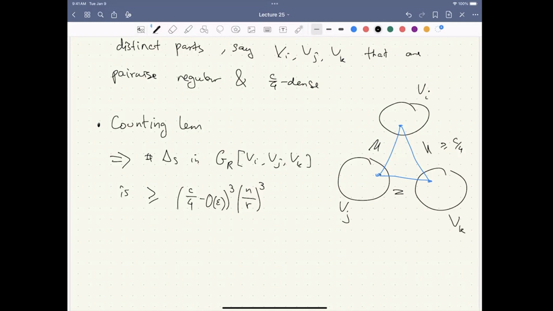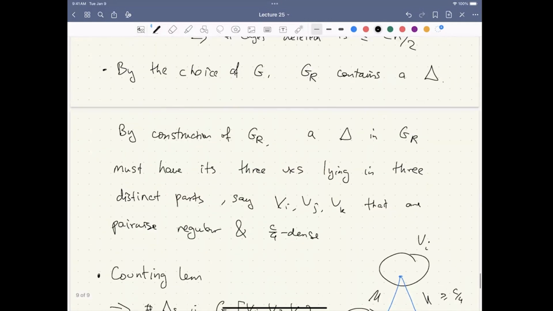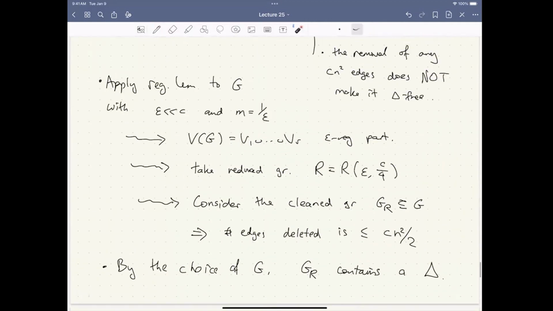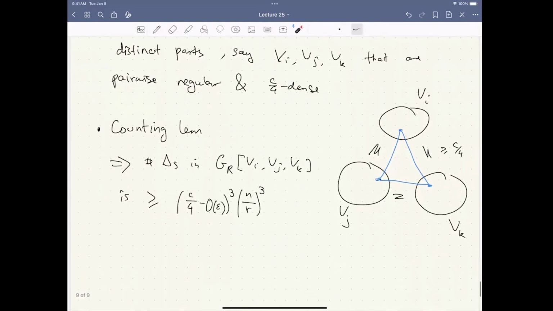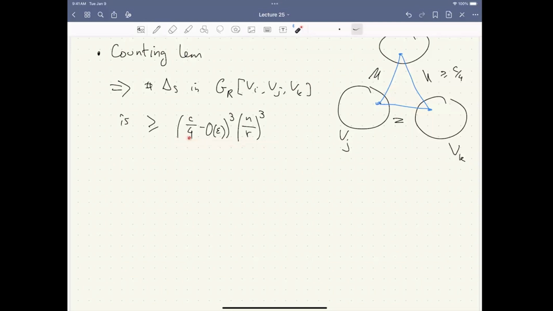So let me just put big O of epsilon here. Since we choose C to be much larger than epsilon, big O of epsilon is still much smaller than C. I've been a little bit not so precise here, but you can make it rigorous. So we still have at least, say, C over 8, raised to power 3 times this, and so on.